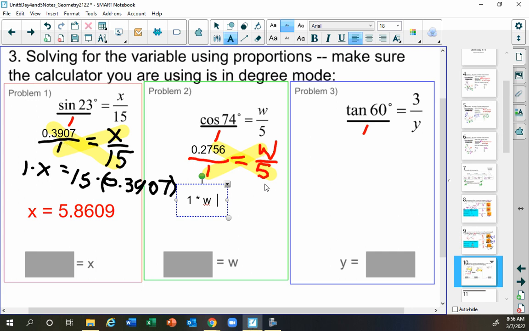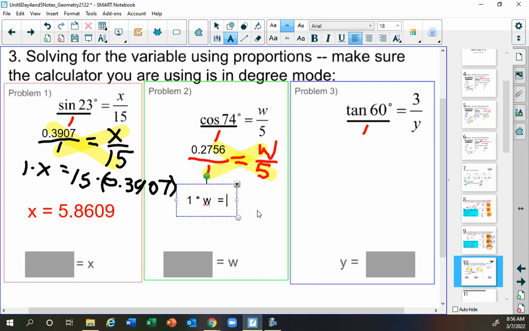And then, of course, hold on, let me, before I confuse everybody. Okay, then what 2 numbers are we going to multiply over here? 0.2756 and the 5, all right.